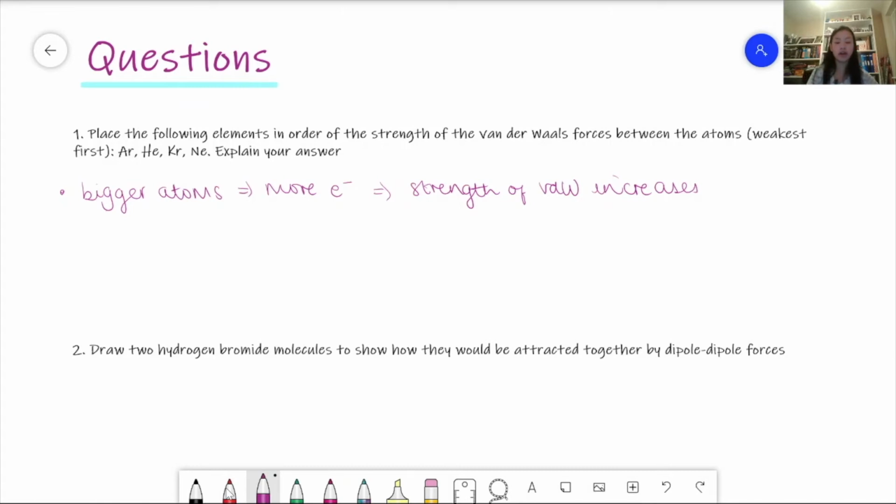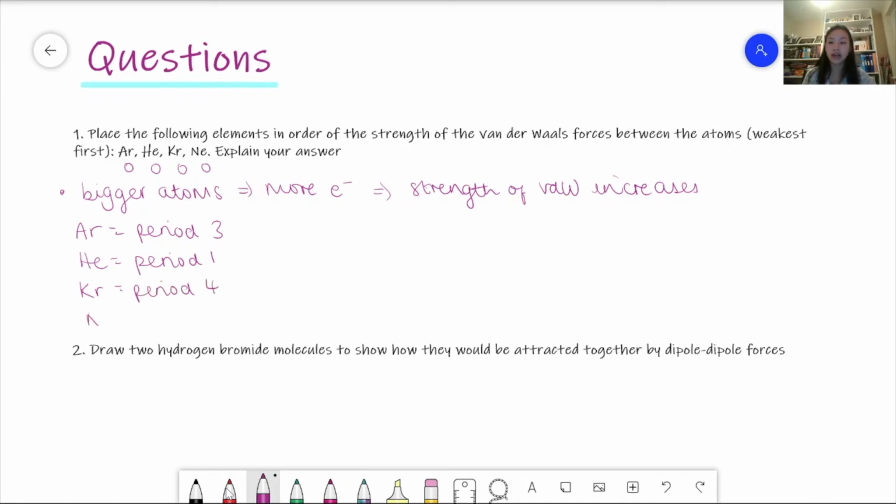So we have argon, which is in group 0, helium, which is also in group 0, krypton, which is in group 0, and neon is also in group 0. So that doesn't help us, so we look at the periods. Argon is in period 3. Helium is in period 1. Krypton is in period 4.